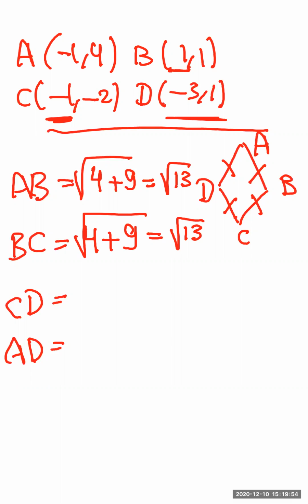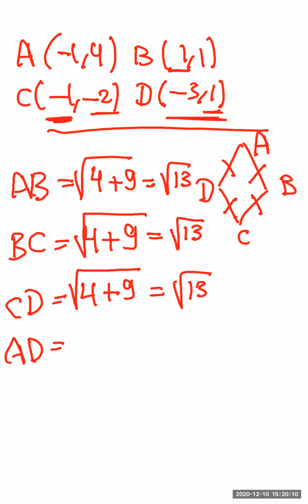CD: -3 minus -1, so -2. Squared means 4, plus 1 minus -2, so 1 plus 2 means 3, squared means 9. So it will equal also square root of 13. Then the last one, AD.